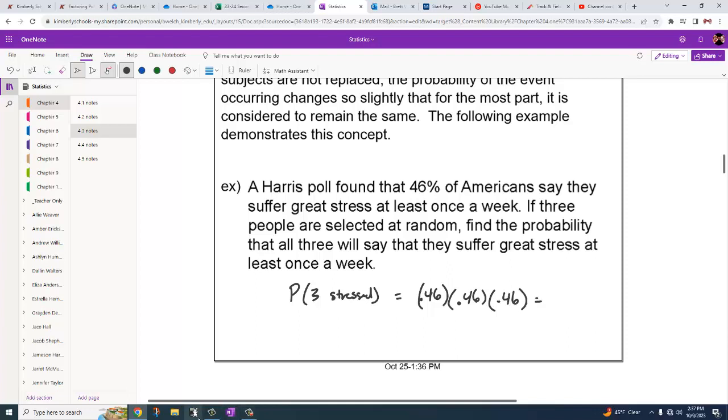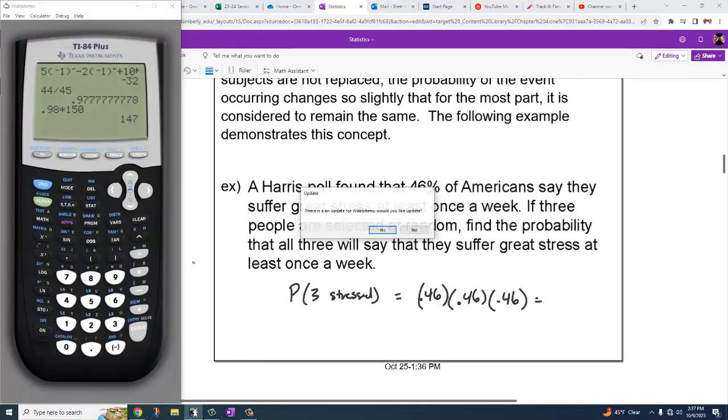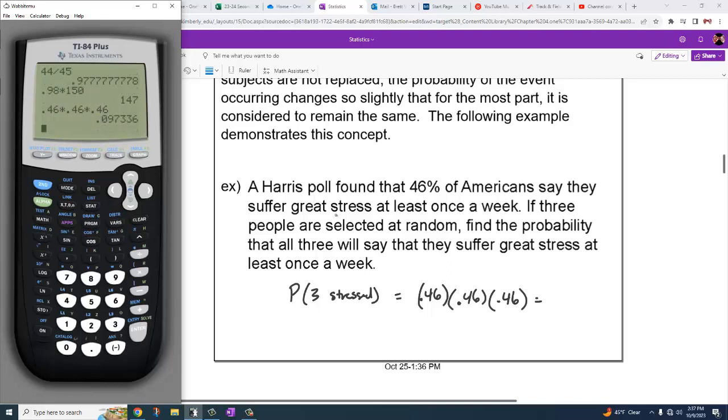That is to say that the probability 46% doesn't change as we remove one person from the group. So if we calculate that, the chance that we find 3 people who all suffer great stress once a week comes out to be 0.097.